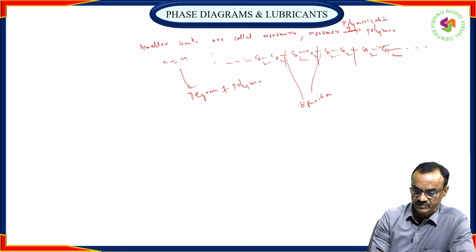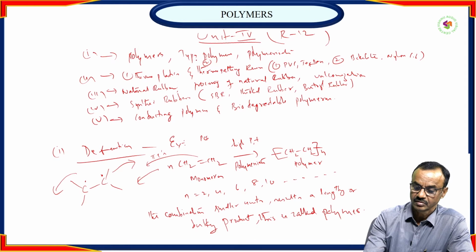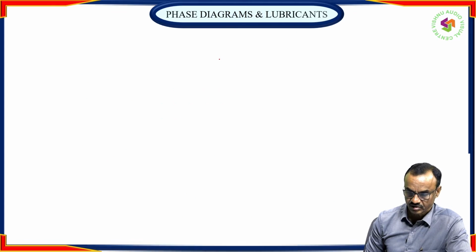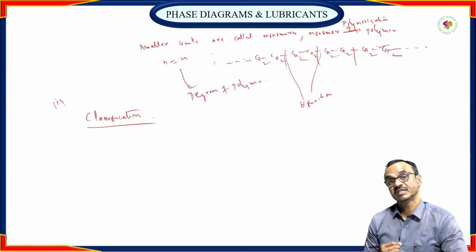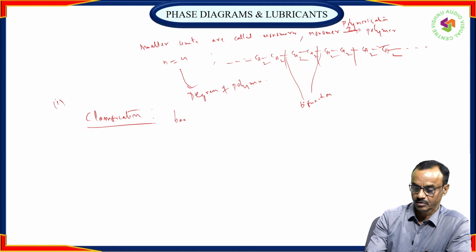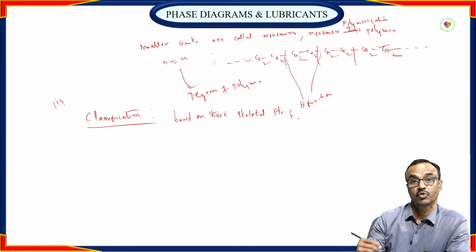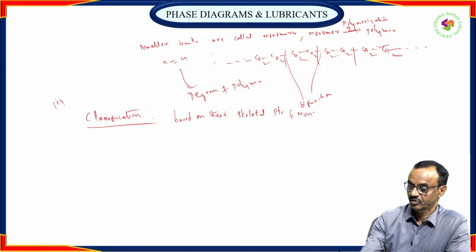Next topic, classification. Topic 1, types of polymerization or classification. Classification of polymers based on their skeletal structure and the monomers or functional groups attached.